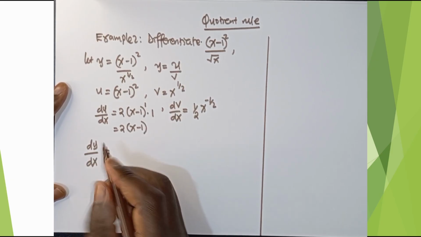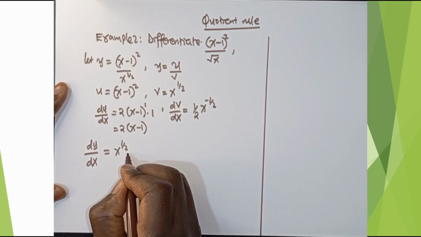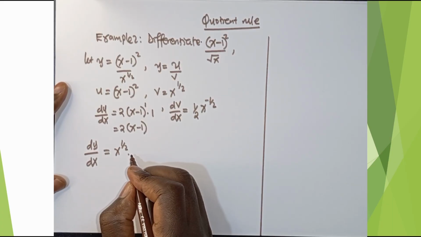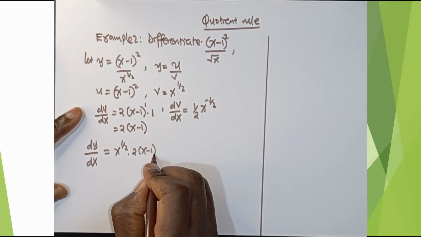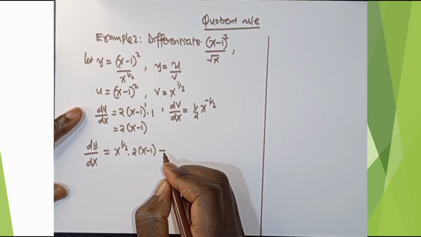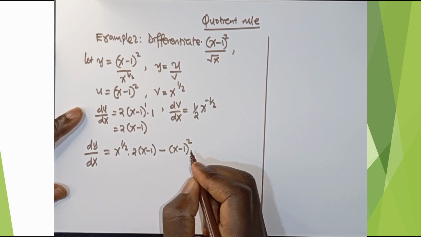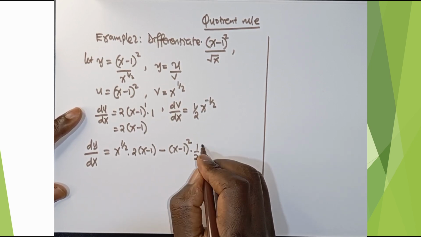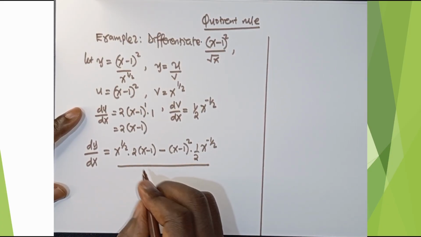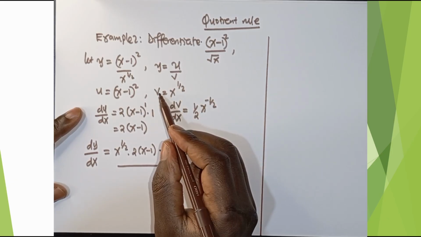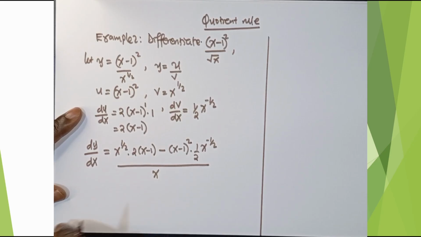So we substitute back, we shall have our v, which is x to power half, times the derivative du dx, which is 2 into x minus 1, then minus our u, which is x minus 1 squared, then our dv dx is a half x to power negative a half, but everything out of v squared. Now when we square x to power half, we end up having x.